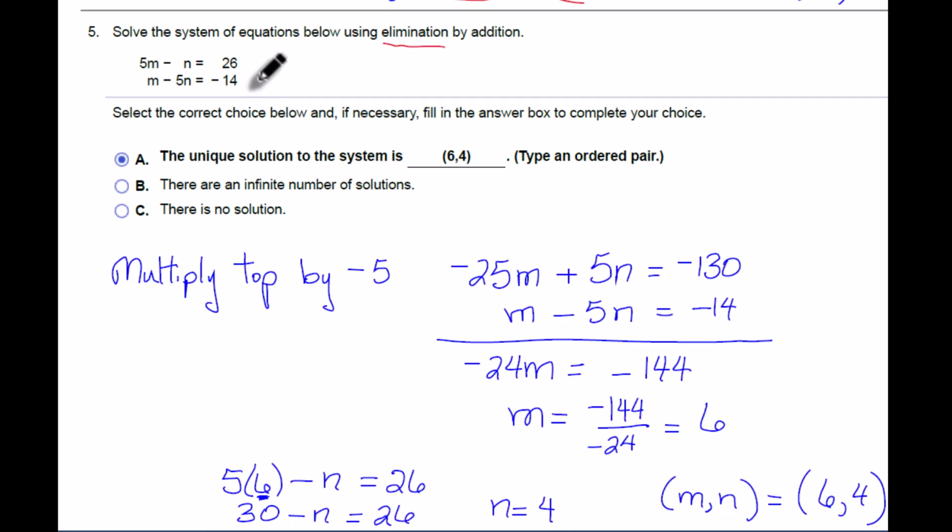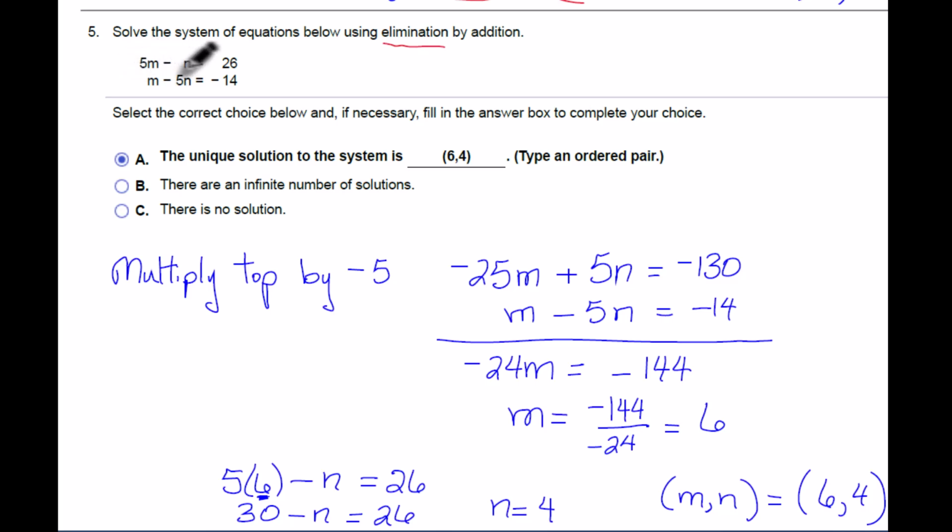Next thing, you have to decide, do you want to try to get rid of the m or the n? It really makes no difference, whichever way you find easiest. So what did I do? I multiplied the top equation by negative 5. Well, let's see, negative times a negative 5 would give me a plus 5, and yes, that would cancel.